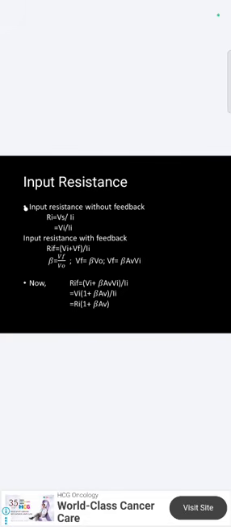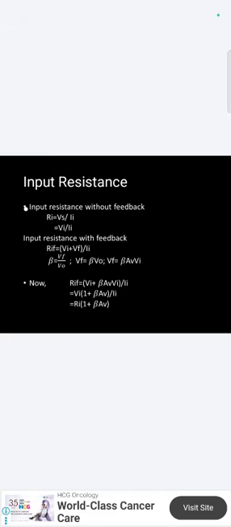That is Ri, equal to the general formula R equal to V by I. Instead of V here we use the source voltage, so Vs divided by the current Ii. Both will be the input only, which is equal to Vi divided by Ii, because I already told you that if you do not use feedback, the source will be equal to the input.